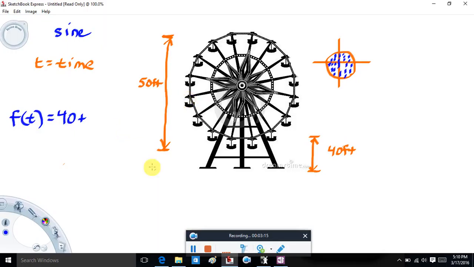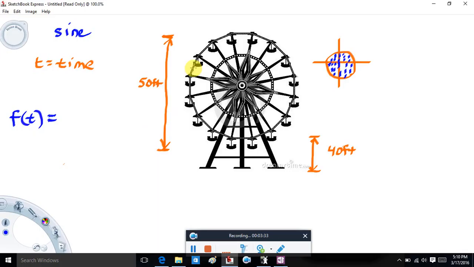I'm sorry. Hold on. We know there's going to be some sort of a vertical shift, but it may not be 40.